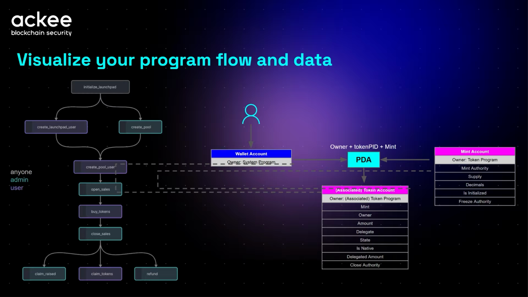It is a PDA account that is based on the owner's public key, then the token program ID, and the public key of the mint account. So you can directly see the structure, what is saved where, and how the PDA is calculated.